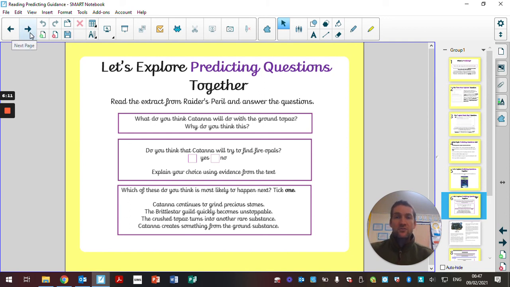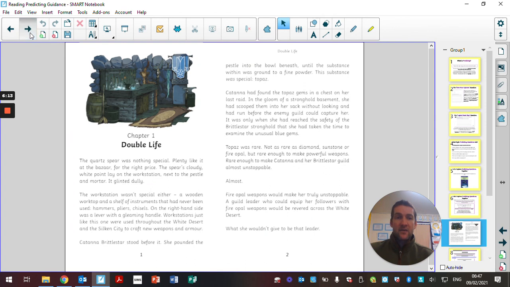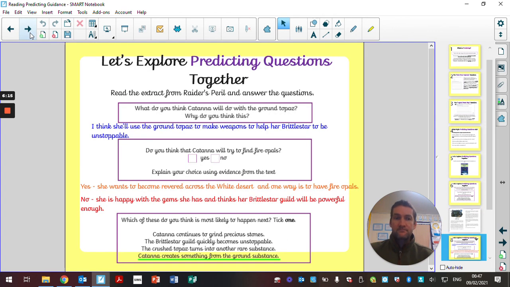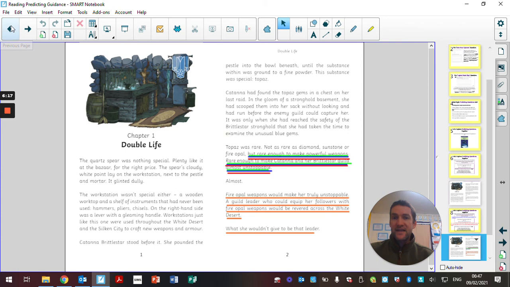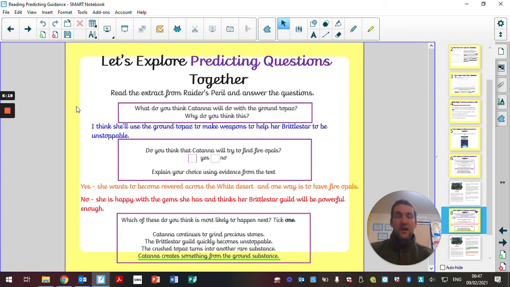Right, well done, children. So let's have a look then. I added that text in again, actually. Sorry about that. So like I've done in the past, the question is here and I have put the answers down in particular colours of text. That shows where I have got that evidence to suggest what was likely to happen next.